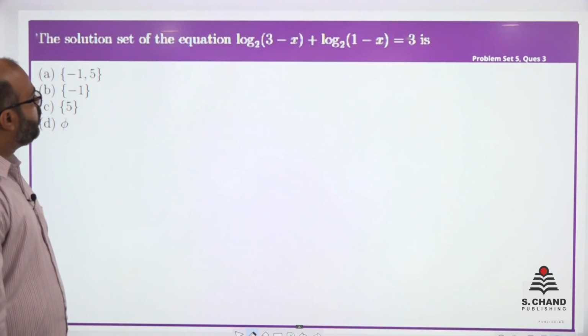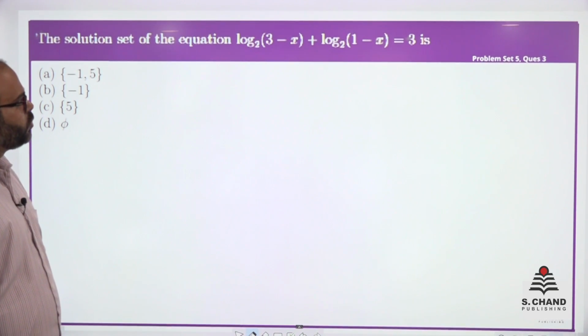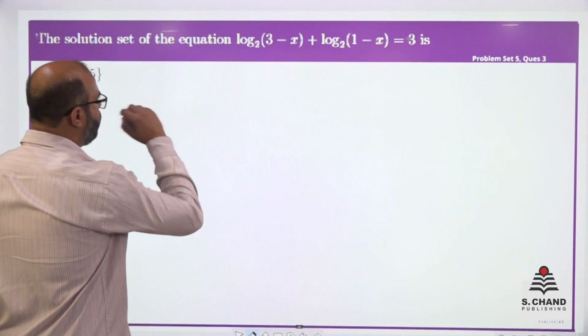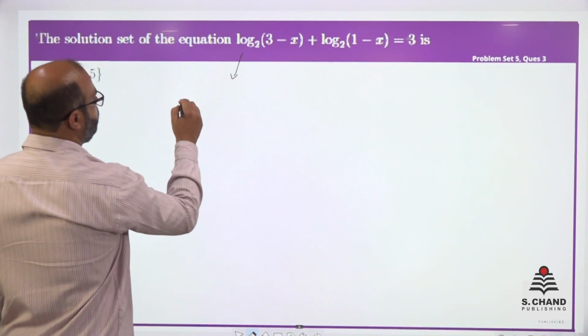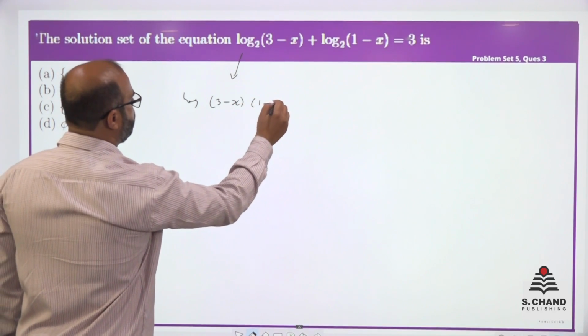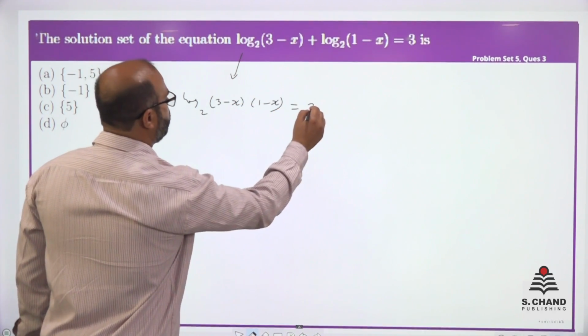The solution set of the equation log of 3 minus x to the base 2 plus log of 1 minus x to the base 2 equal to 3 is. So, from here we will take log of (3 minus x) into (1 minus x) to the base 2 equal to 3.